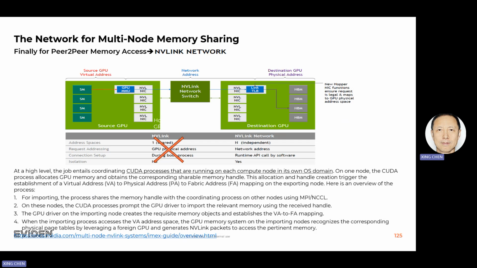Here we need to have a final look at the network for multi-node memory sharing. The network for multi-node memory sharing is the NVLink network. Finally, this network is for peer-to-peer memory access, and this is the famous NVLink network. So we need to have a look at this NVLink network.